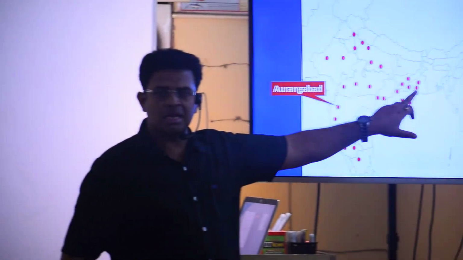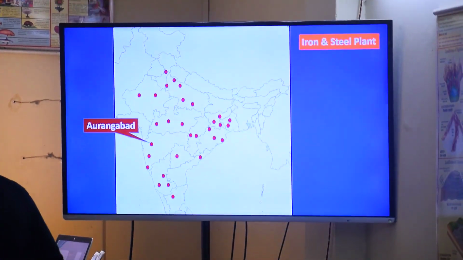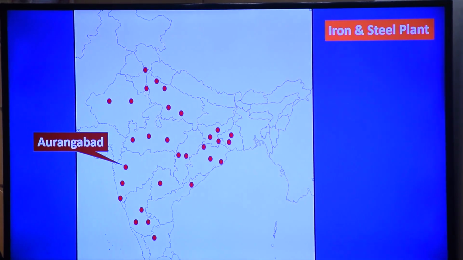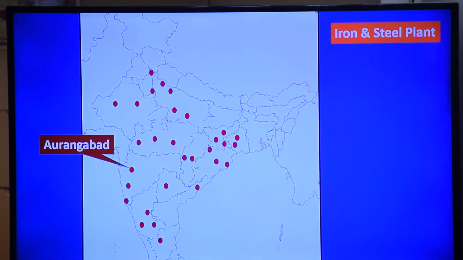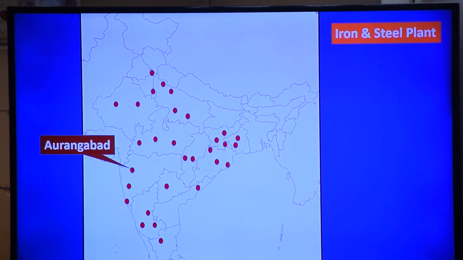And after that there is the Indian Iron and Steel Company, 1937, IISCO, in West Bengal.